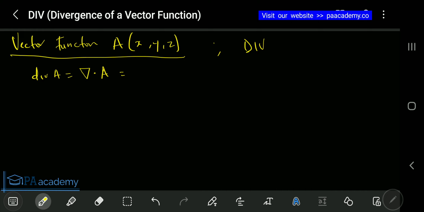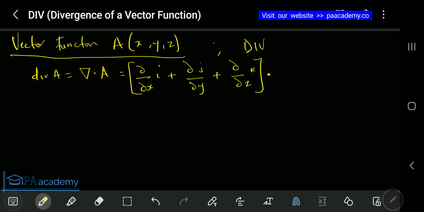If you write this mathematically, that will be the partial differential with respect to x, i, plus the partial differential with respect to y, j, plus the partial differential with respect to z, k, multiplied by the dot product of A, which is axi plus ayj plus azk.